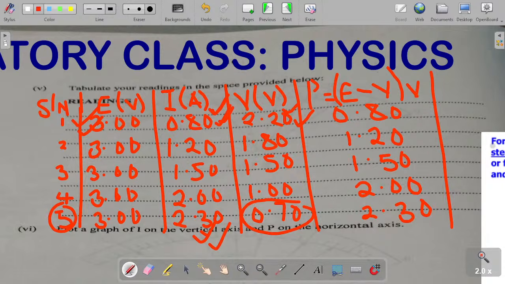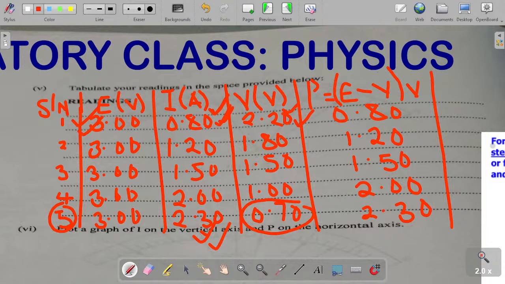I told you to always use 2 centimeters. So 2 centimeters to how many units? Based on this, I can use 2 centimeters to 0.2 units.